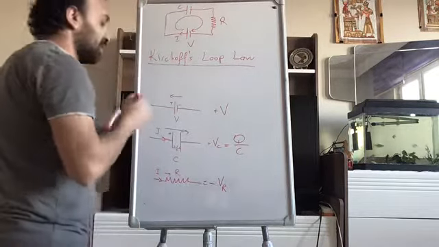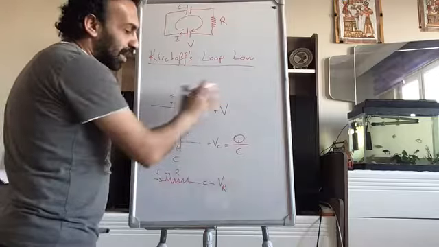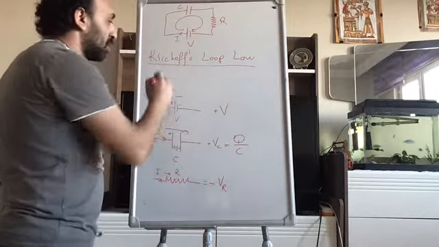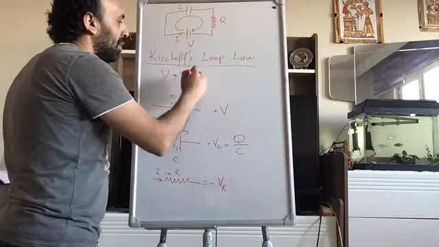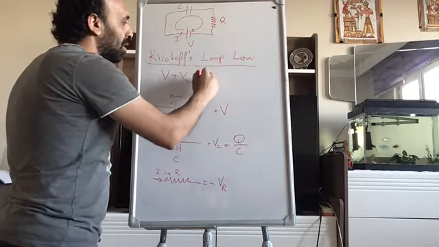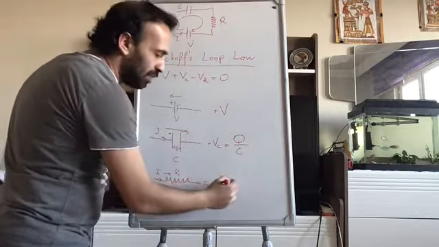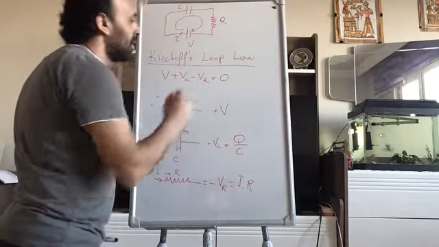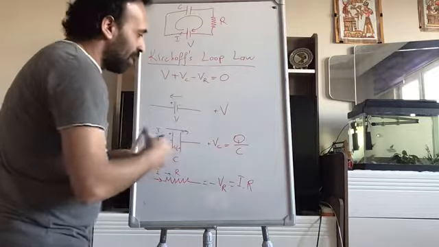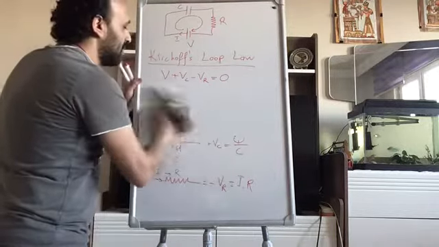Kirchhoff's loop law says that the total energy through the loop should be zero. So V plus Vc minus VR should be equal to 0. What is VR? The current times R. Alright, so if we plug in these equations, let me now clean this up.